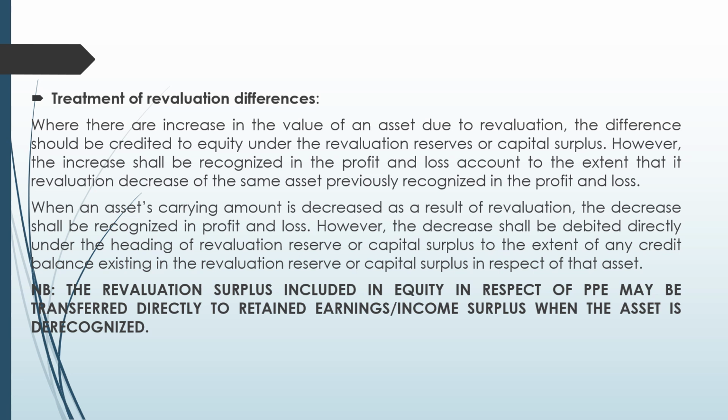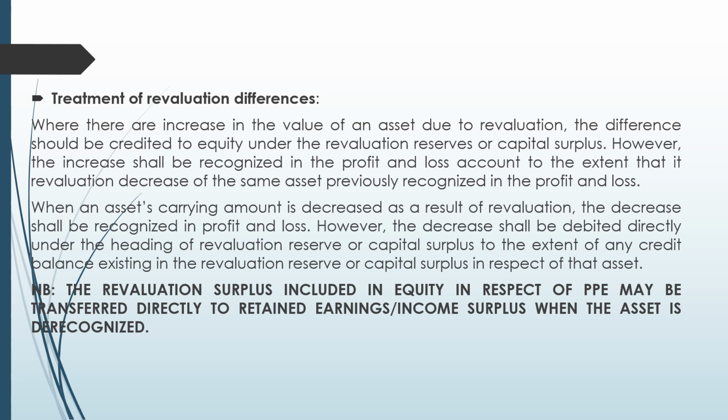Those losses will have to reflect in our P&L account. So at another period, if we are able to realize a gain on revaluation, we will now go to the P&L account and reverse the impact of the initial loss on revaluation. That's what this point is making us understand.